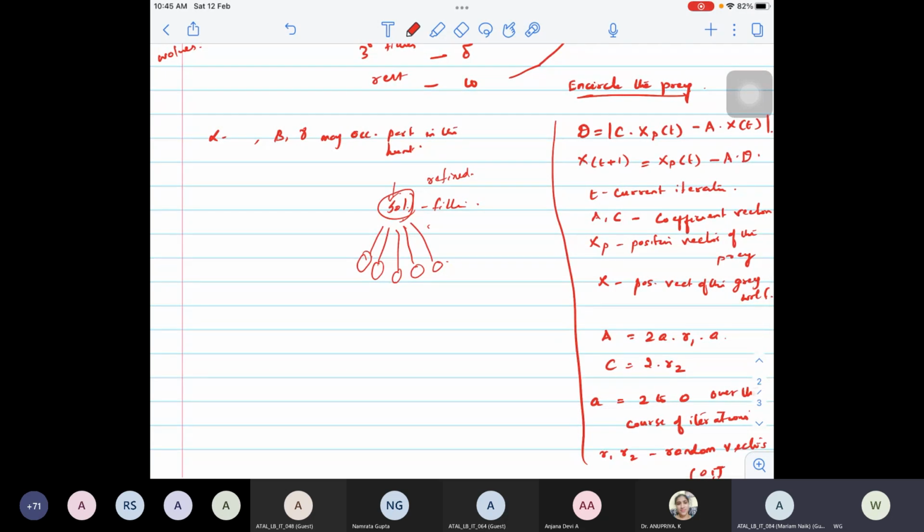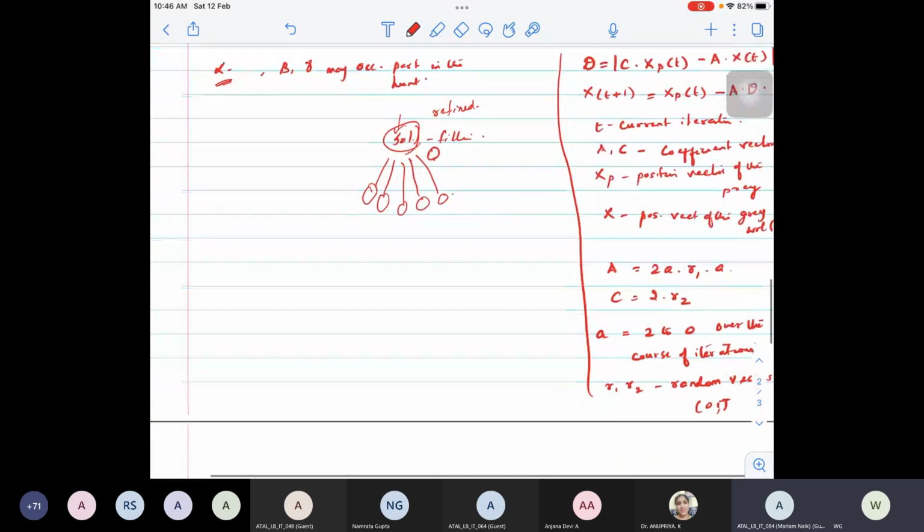Sometimes the second best solution may also determine the best solution. But in general, it is assumed that the alpha has better knowledge about the location of the prey.